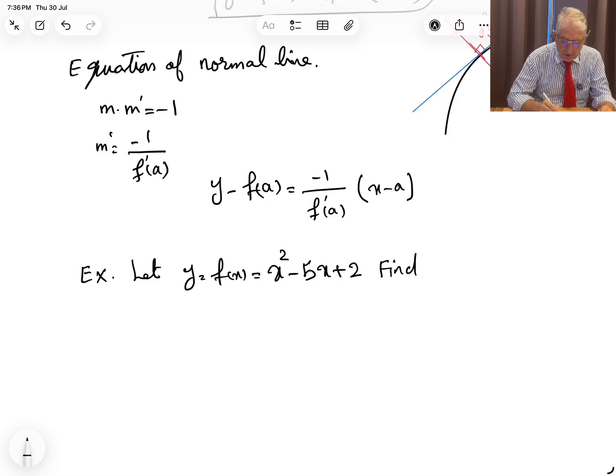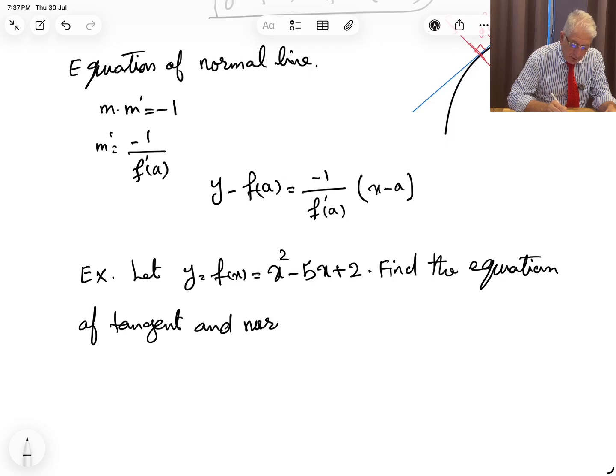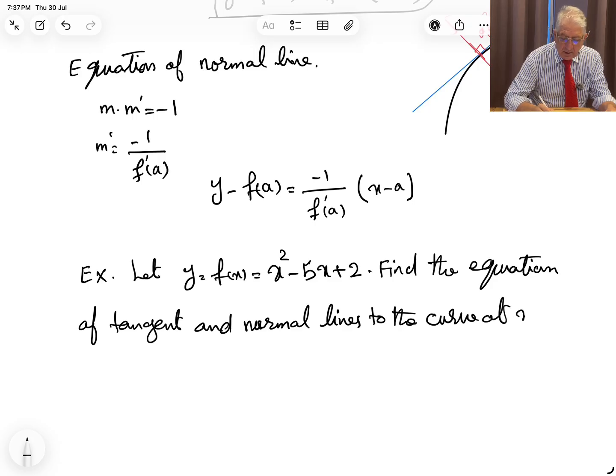Find the equation of the tangent line and normal lines to the curve at x equal to 2.